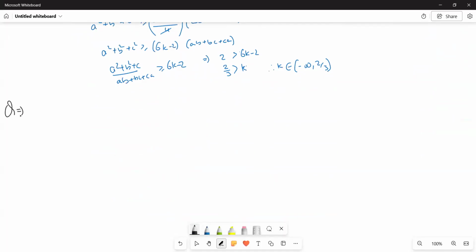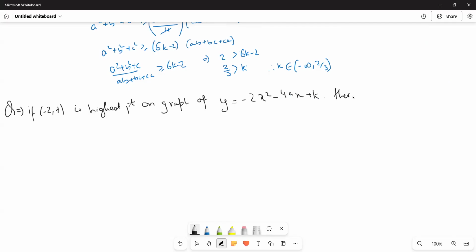Next question, a very easy one. If minus 2 comma 7 is the highest point on the graph of y equal to minus 2x squared minus 4ax plus k, then a plus k is equal to?